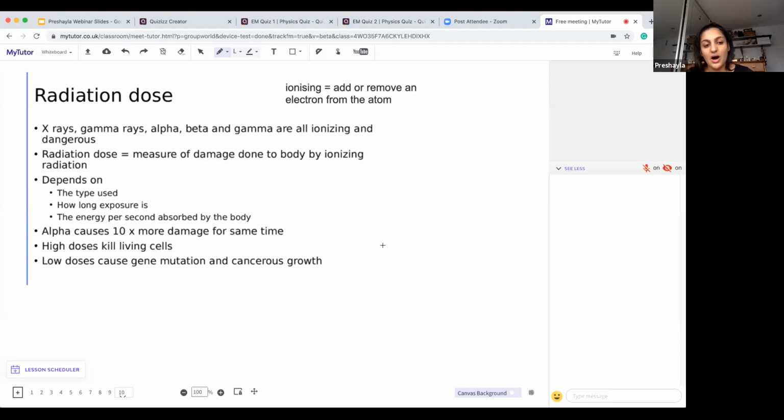Okay, so it all depends on how long the exposure is and the type of radiation that we're using. High doses of X-rays kill living cells, but low doses cause gene mutation and cancerous growth.